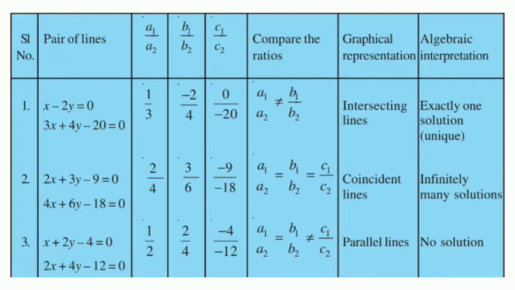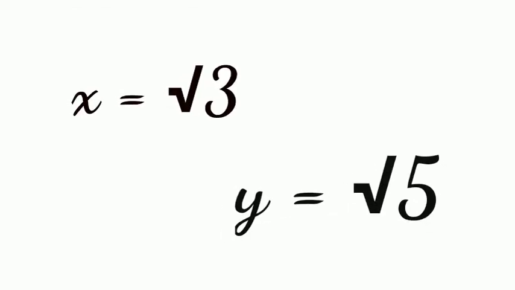But we know that the graphical method is too complicated when the numbers are not whole numbers. For example, if the value of x comes out as root 3 and the value of y comes out as root 5, we can represent it on the graph, but it is too complicated and takes too much time.